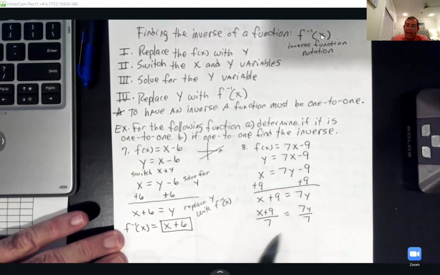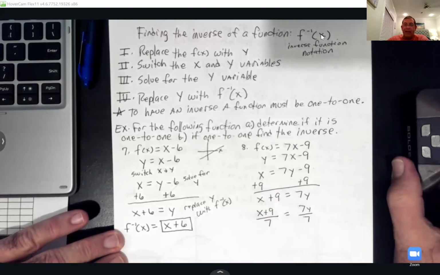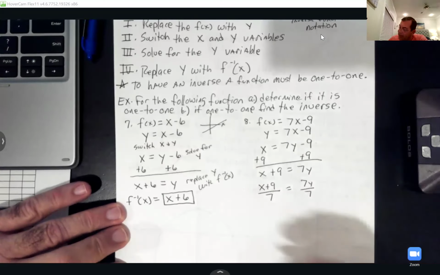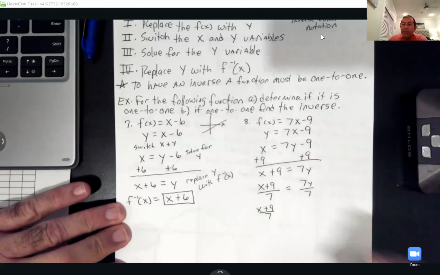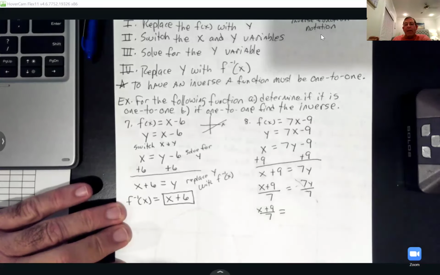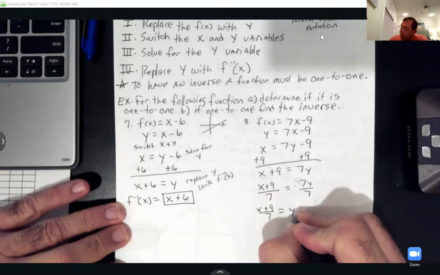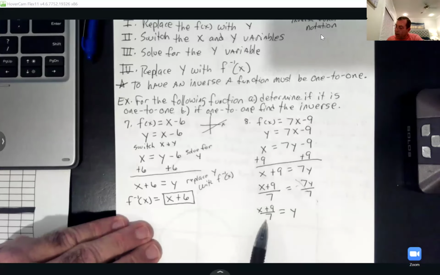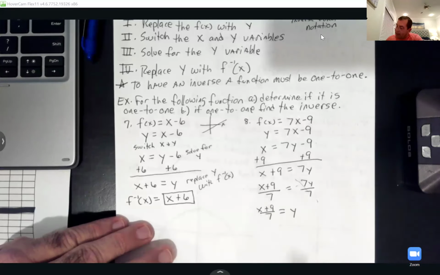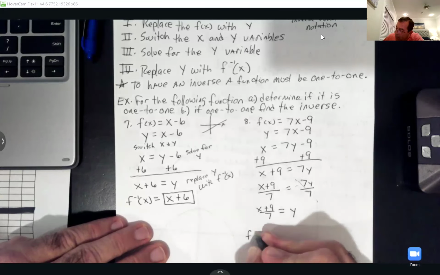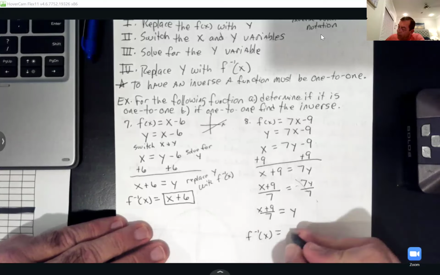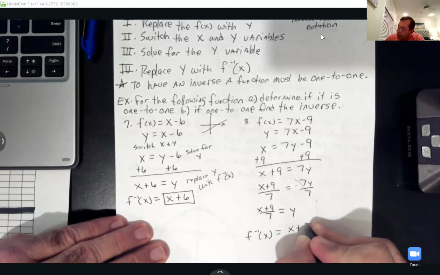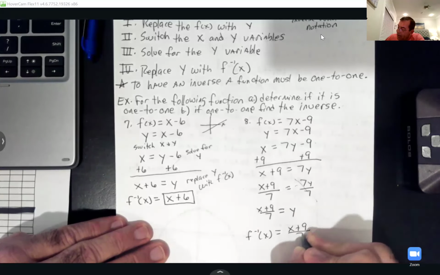All right, y'all, so we cannot do anything to simplify the left side. So the left side will stay x plus 9 over 7. But over here, the 7's cancel, making that a 1y. So we're going to have f -1 of x equals x plus 9 divided by 7.